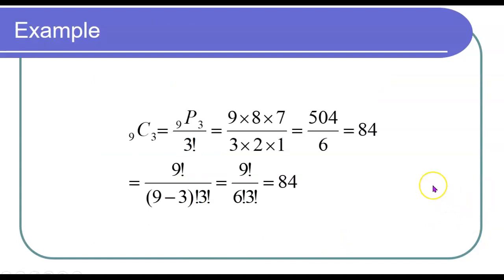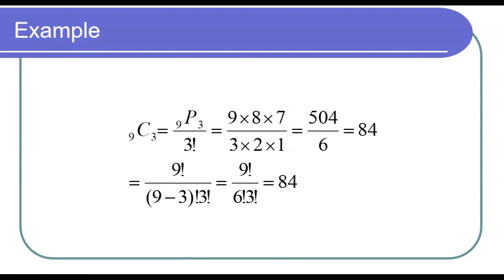So for example, to calculate 9C3, which would represent how many ways you can pick three things out of 9 where the order doesn't matter, you're just counting how many different sets of 3 there are. So we could take 9P3, which would be 9 times 8 times 7, and divide that by 3 factorial, 3 times 2 times 1.